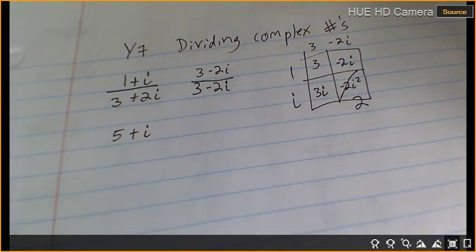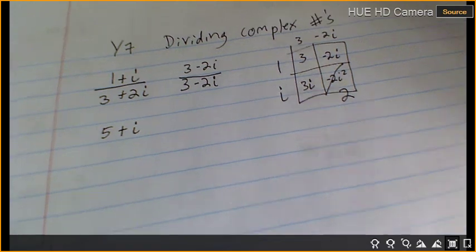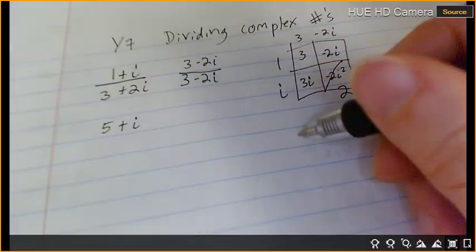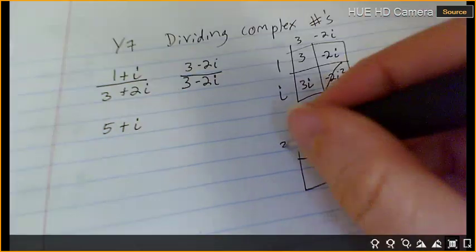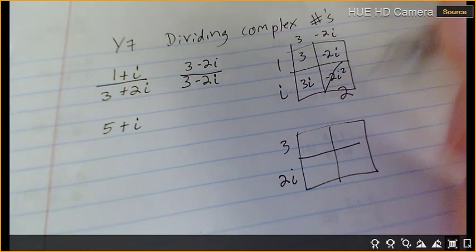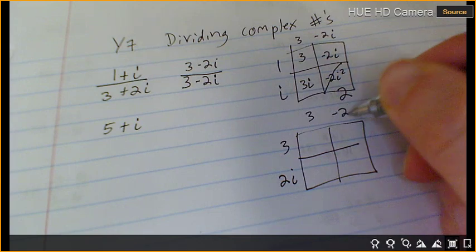Now we still have to do the bottom. So we're going to go 3 plus 2i times 3 minus 2i.